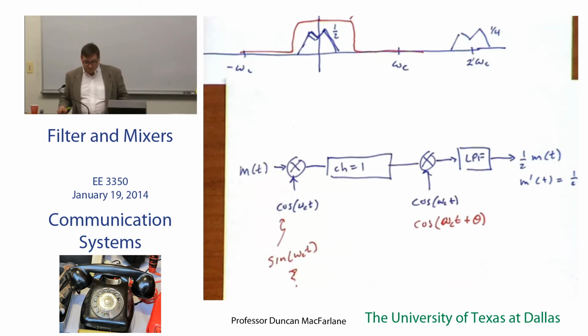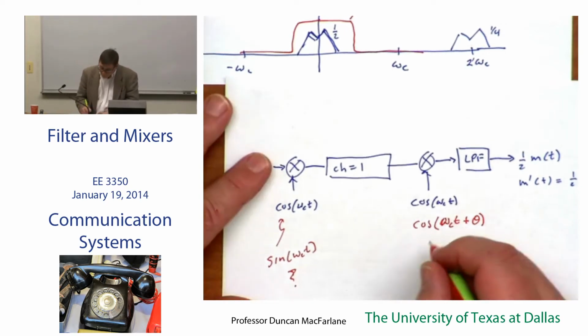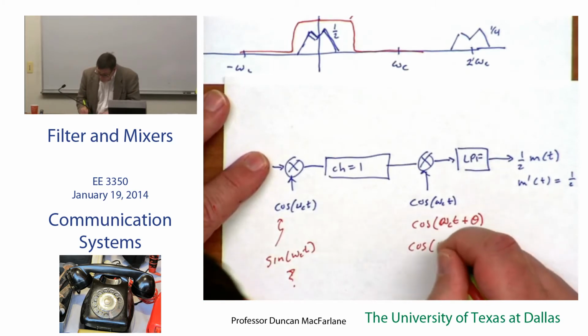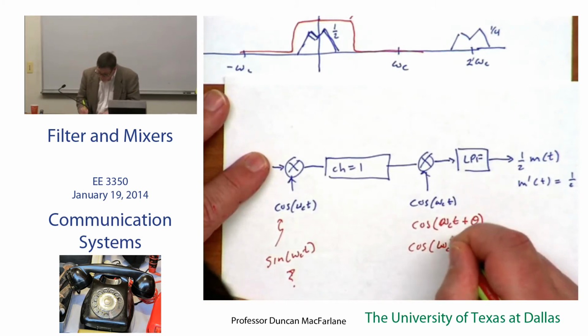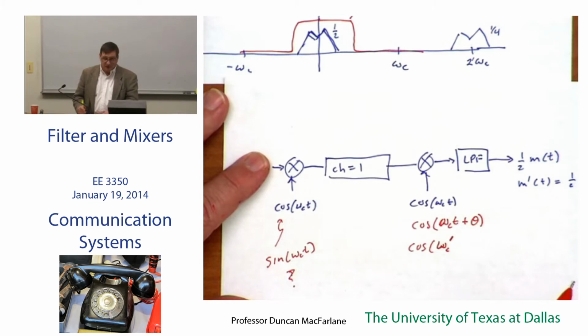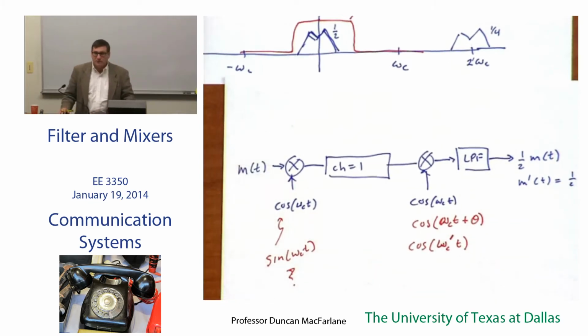What else could go wrong? Not exactly the same frequency. Yep. Cosine of omega c, and I'll put my little prime on it to denote that it's not the same. It's not a derivative of that. It's just a prime. It may or may not be close.